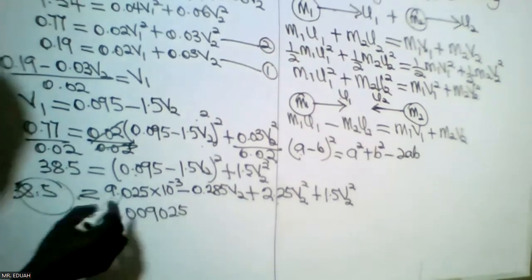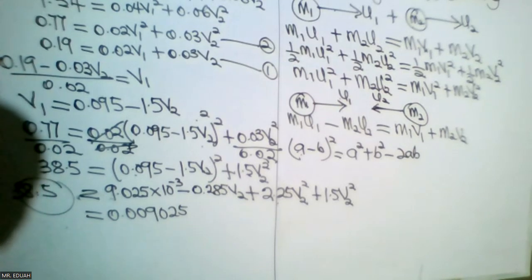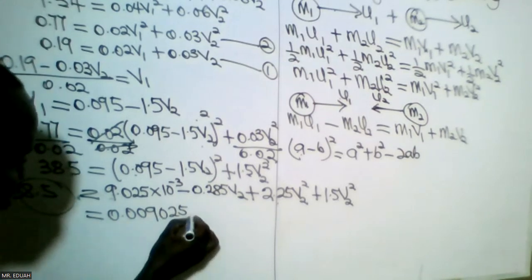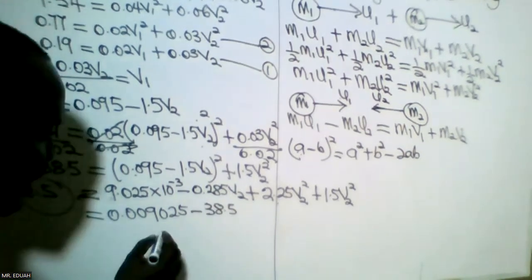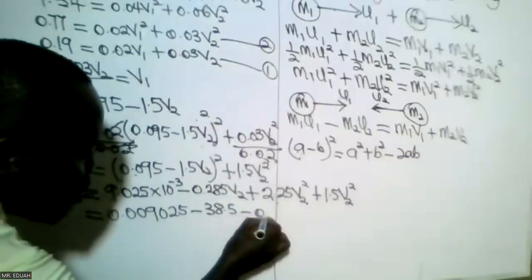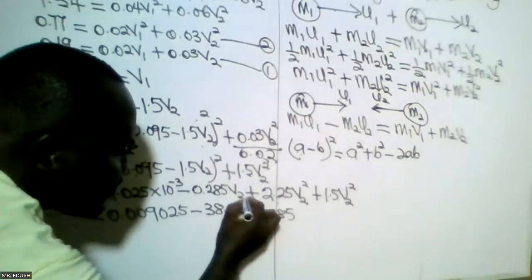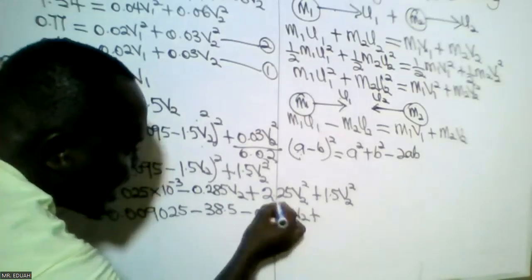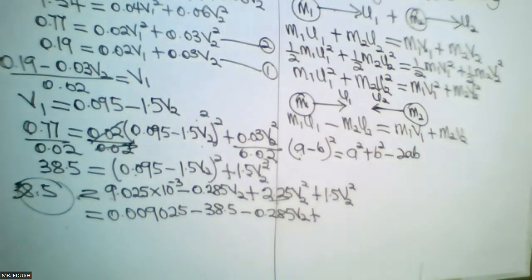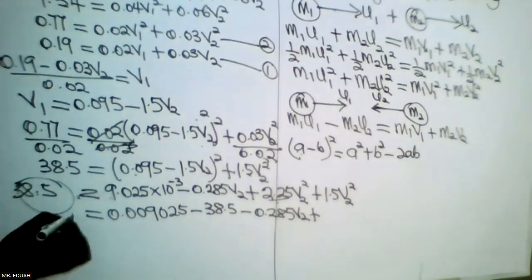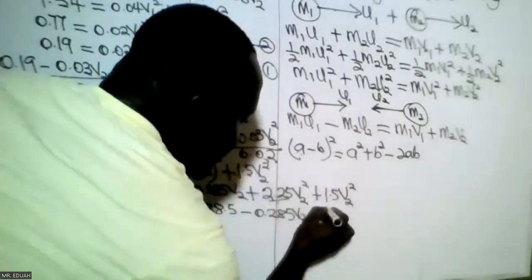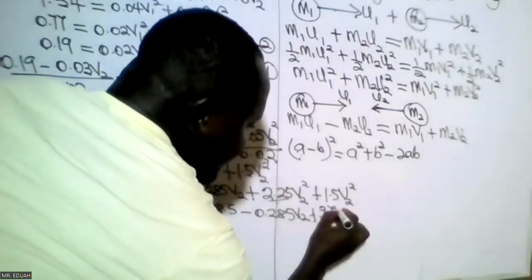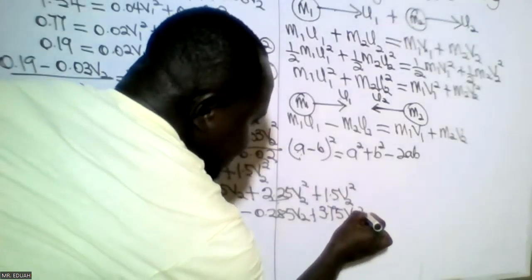So we have 0.009025. I just want to express this in decimal. So 1, 2, 3. Okay. This is minus 38.5. Minus 0.285 V2 plus 2.25 plus 1.5, which is 3.75 V2 squared.